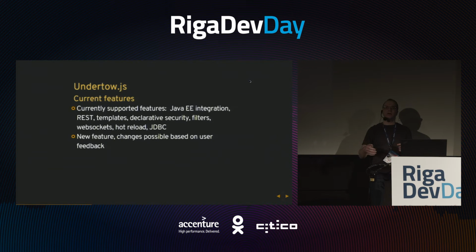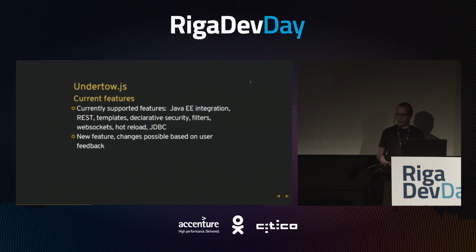This handler is basically a JavaScript function which will be run if the name of the file matches the filter that was specified in this function, and you will be delegated to this function. So basically you will be delegated to JavaScript code where you can do everything in JavaScript.